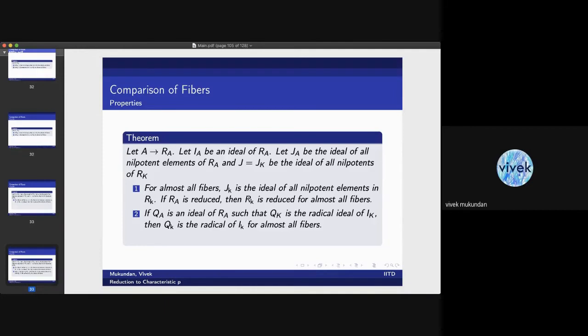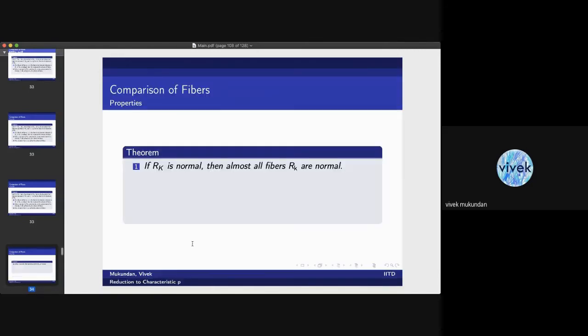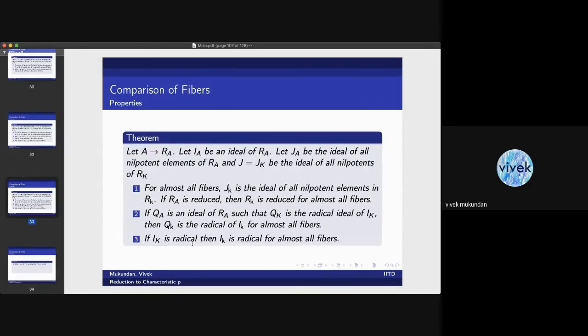And if Q_A is an ideal of R_A so that Q is a radical ideal of R, then the fiber Q_K is a radical ideal for almost all fibers. And if I is radical, then the fiber of I is also radical for almost all fibers. So you can descend a lot of properties to the fiber.